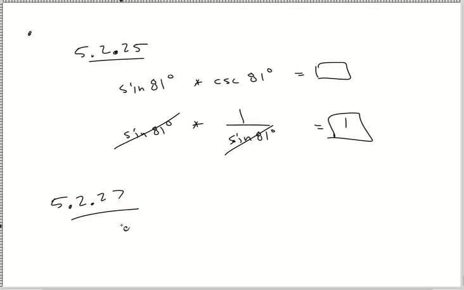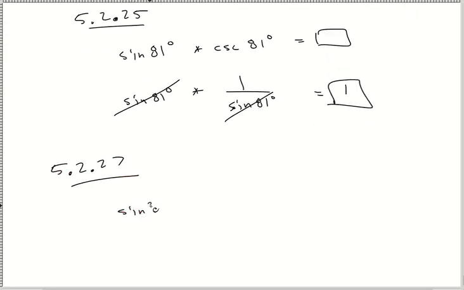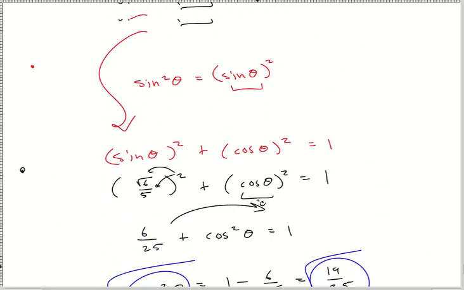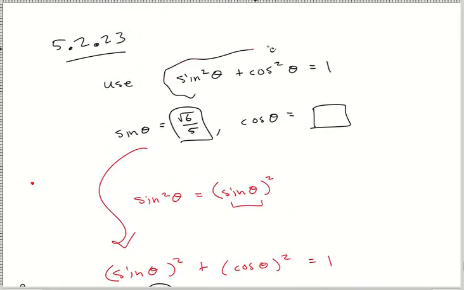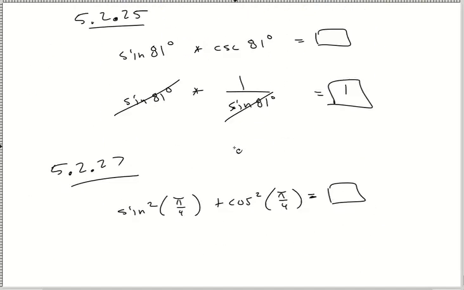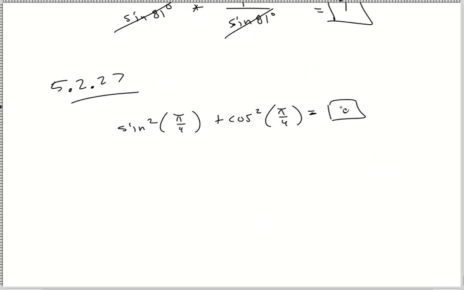Very, very simple. I have sine squared of pi over 4 plus cosine squared of pi over 4 is equal to what? You know what's funny about this problem here? Scroll back up, scroll back up. Sine squared plus cosine squared is equal to 1.